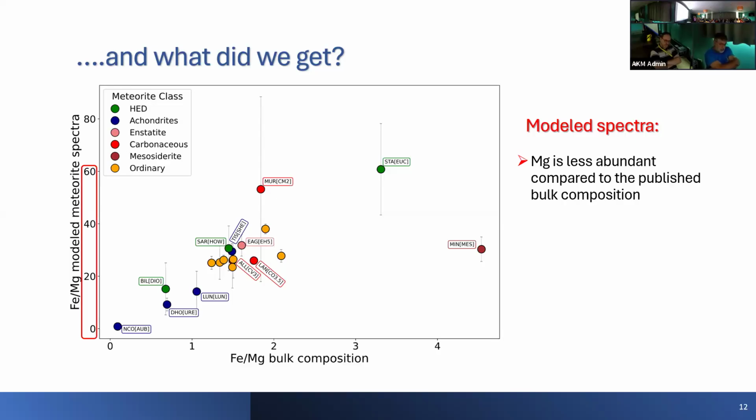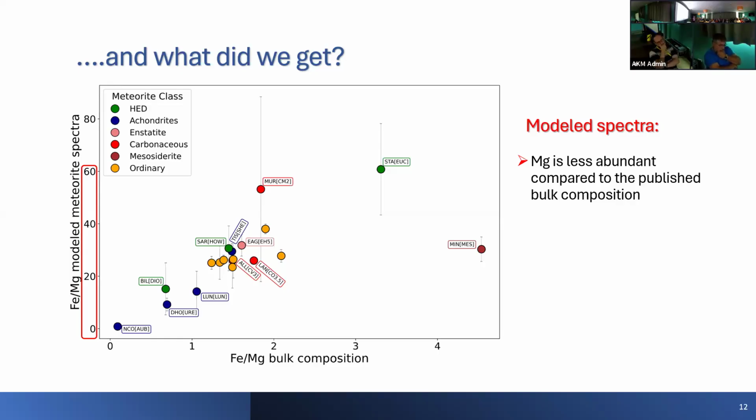So here we can see that there is a clear correlation. However, our results show that magnesium from our modeling is less abundant relative to iron than it should be, what we know from the literature. So for example, for most of the ordinary and carbonaceous chondrites, the real iron to magnesium abundance ratio should be between 1 and 2.